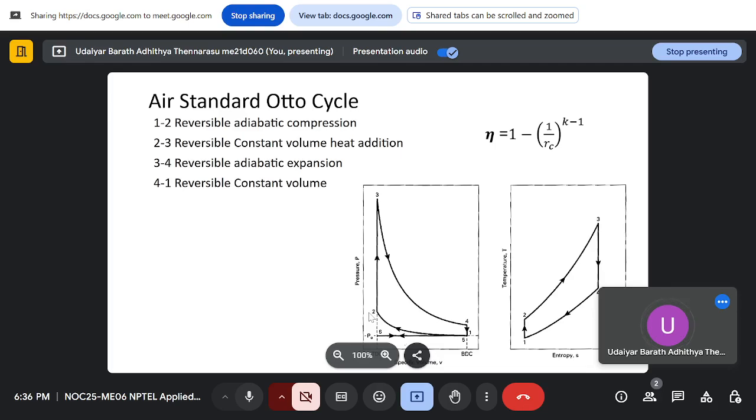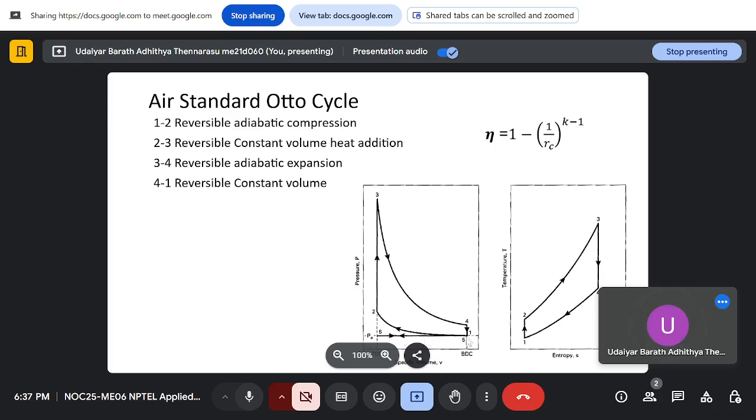Because of the energy generated, the fuel-air mixture does work and pushes the piston down, so from 3 to 4 it goes back. Then at constant volume the fuel-air mixture leaves the engine. So this is how the engine works.